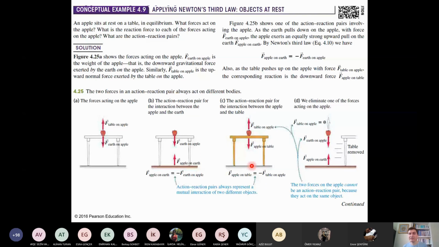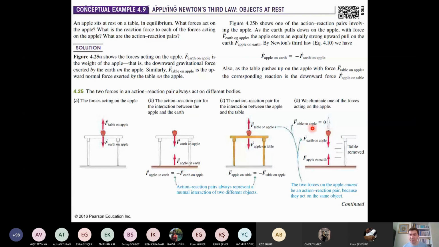Now, let's have a look at this condition, D. We take the table out, we remove the table, and then here we have the apple, and there is a force acting on the apple due to the Earth, this one, the weight, and the apple applies a force on Earth, this condition, okay? And there is no force applied by the table on the apple.